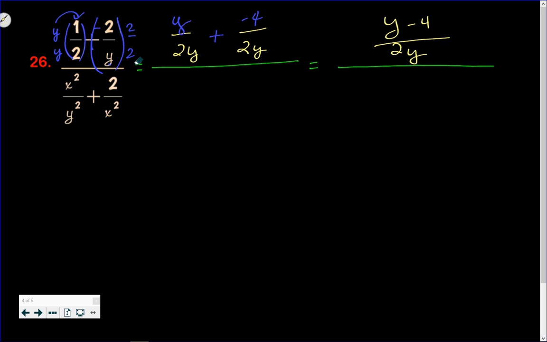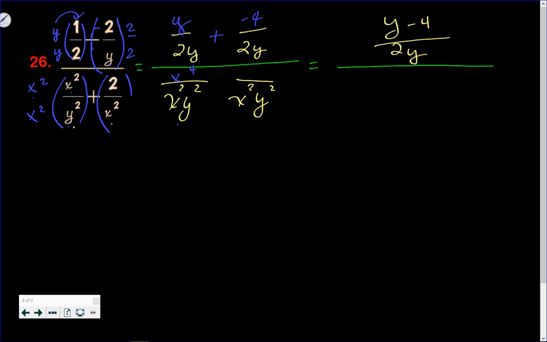I got to come back and do the bottom common denominator. Okay, so how do I get this to look like that? X squared times x squared. Yeah. I got a plus sign, so I don't have to worry about any of that, right?